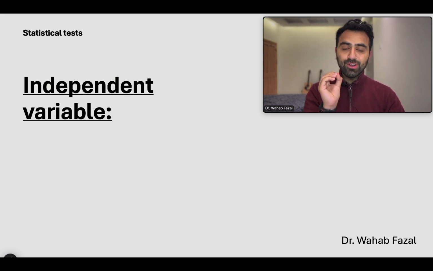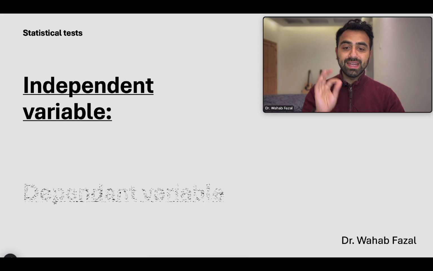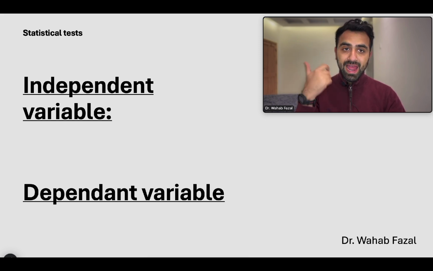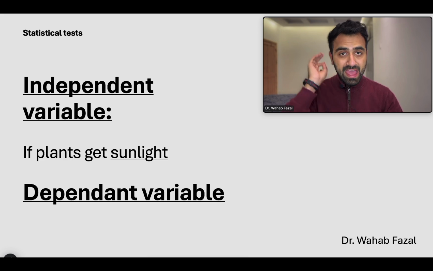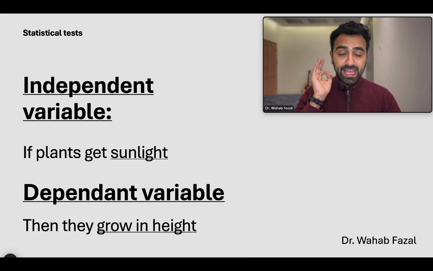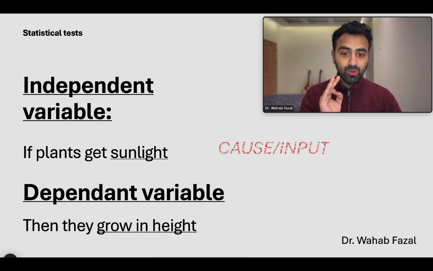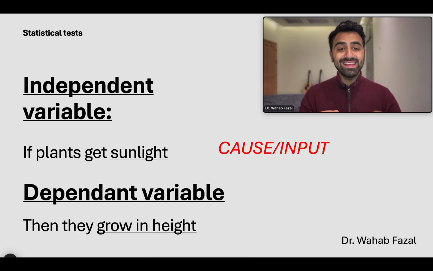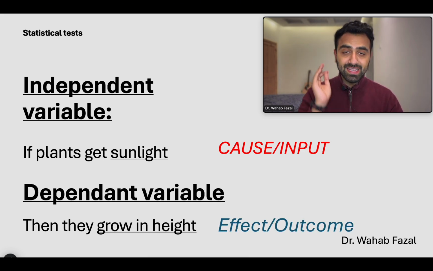So to understand common statistical tests, we need to understand these two things: independent variable and dependent variable. And I'm going to take an example for you to understand this. If plants get sunlight, here sunlight is the independent variable, they grow in height. So what is sunlight? Sunlight is the cause, it's the input that is resulting in some sort of effect or an outcome.